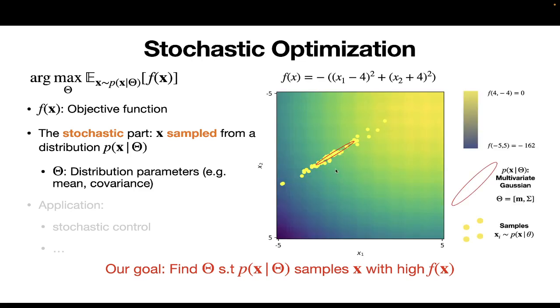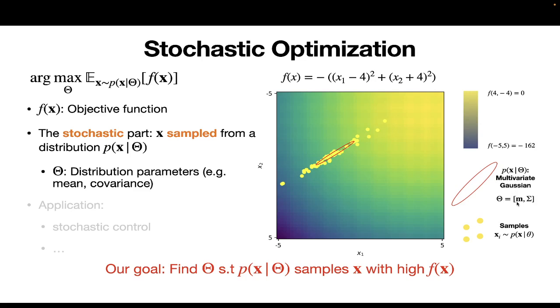So here our objective function is just a simple sphere function, where our goal is to try to minimize the distance, or in our case, maximize the negated distance, to the center of the sphere at (4, -4). In this particular example, the distribution that we have chosen is a multivariate Gaussian distribution, which means that our distribution parameters theta consist of the mean of this Gaussian distribution and also its covariance matrix.